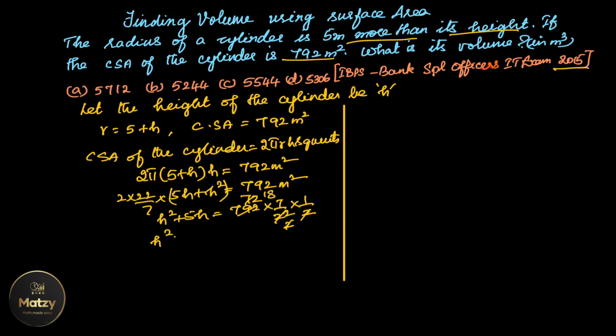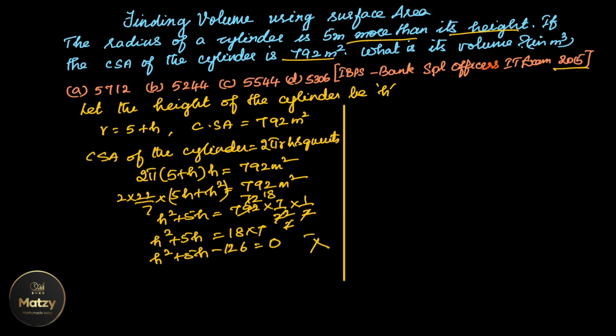So h square plus 5h is equal to 18 into 7. So h square plus 5h minus 126 is equal to 0.